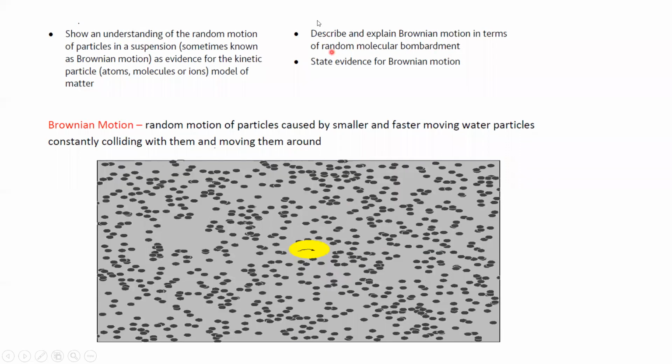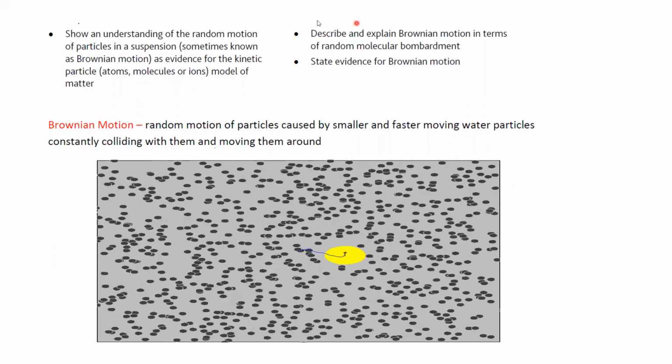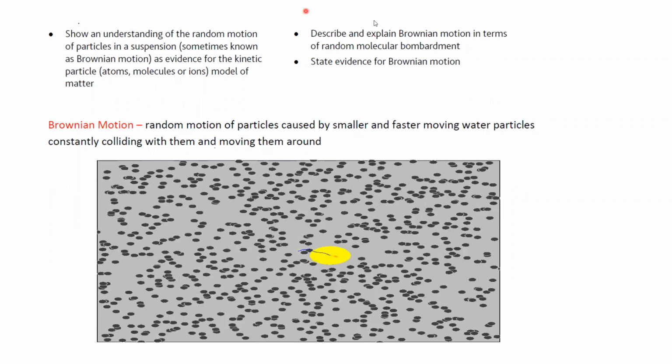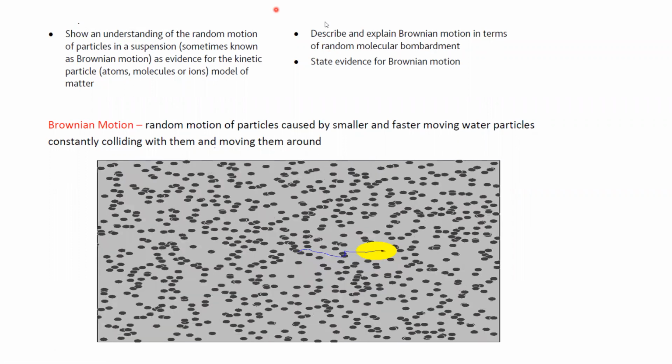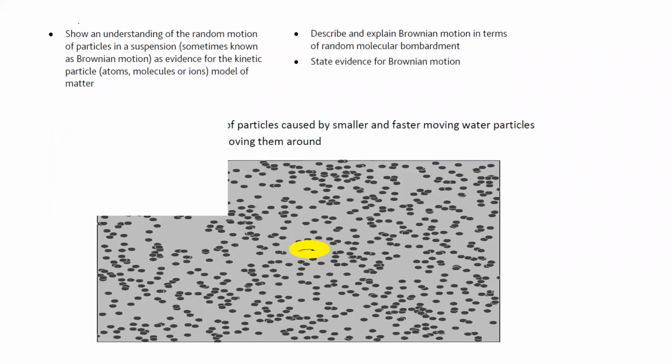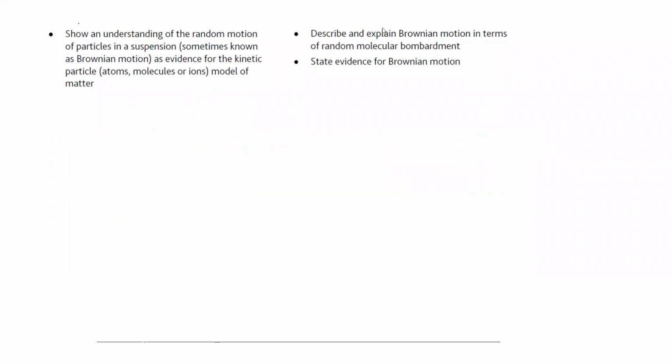So what should be your answer if a question asks you to give the reason why the dust particle is moving randomly or undergoing Brownian motion? The points we include: first, we mention the heavy dust particles colliding with lighter air molecules.